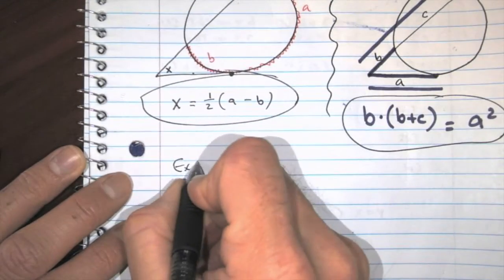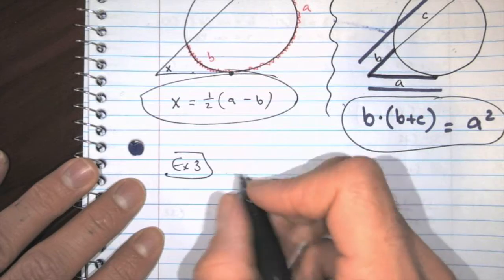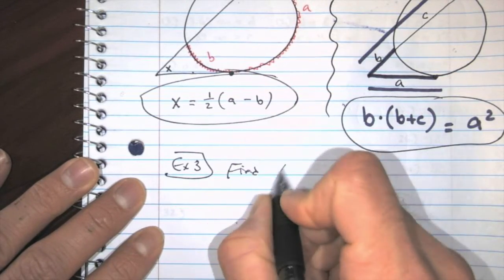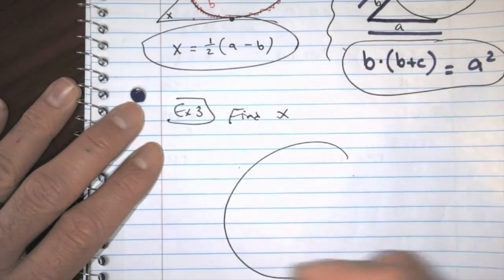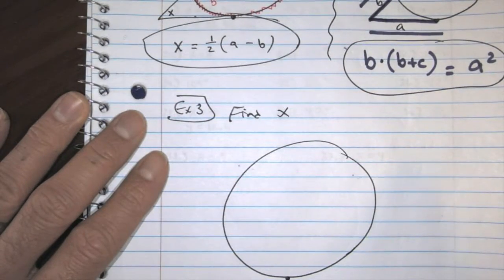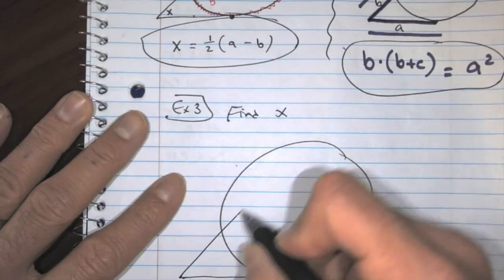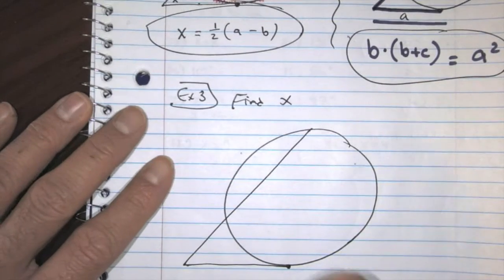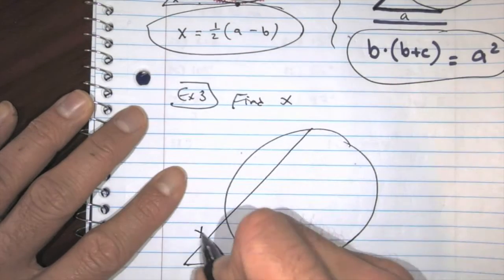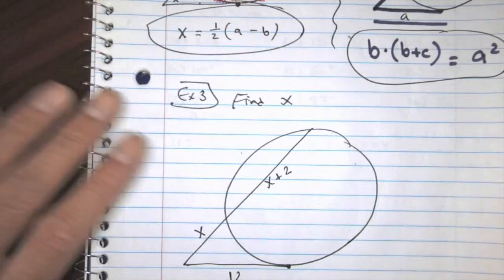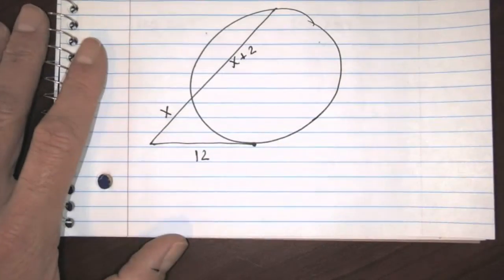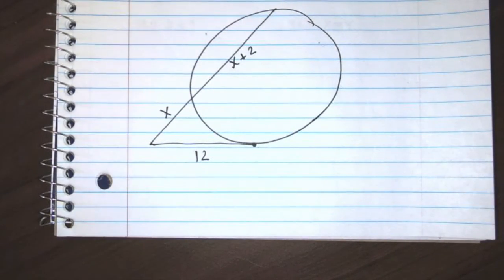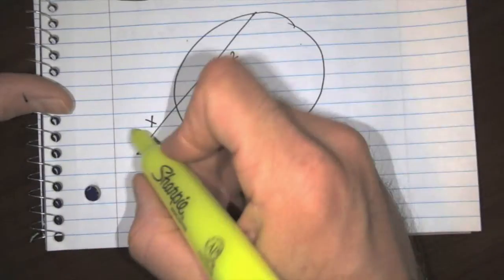Alright, last example. I'd like you to find x. Tangent, secant. 12, x, x plus 2. Alright, let's set up the equation. We know how. Go back to this last theorem if you need to.